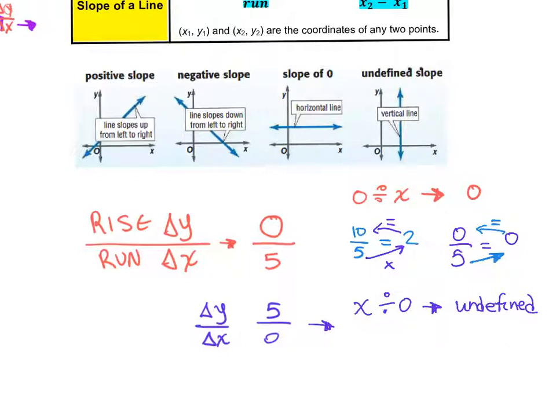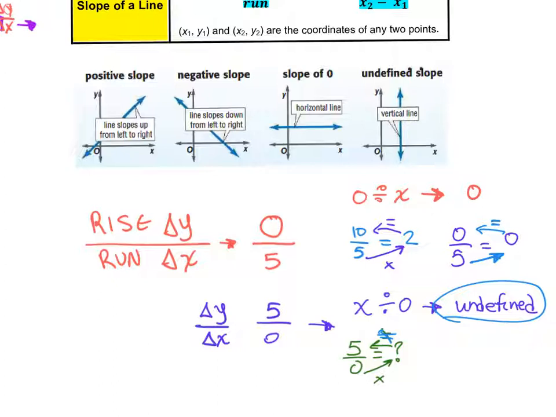As opposed to the bottom one here. You look at this one. If I have 5 divided by 0, that is not going to give me anything because 0 times any number will never be able to give me the value of 5. That's the reason why it's called undefined.